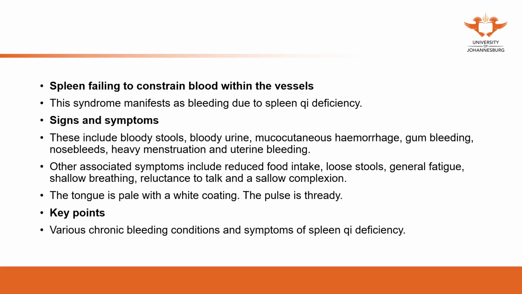The syndrome of spleen failing to constrain the blood within the vessels. This syndrome mainly manifests as bleeding due to spleen qi deficiency, and this bleeding mostly happens in the lower parts of the body. Why do we separate the lower part and the upper part of the body, especially from the waist?